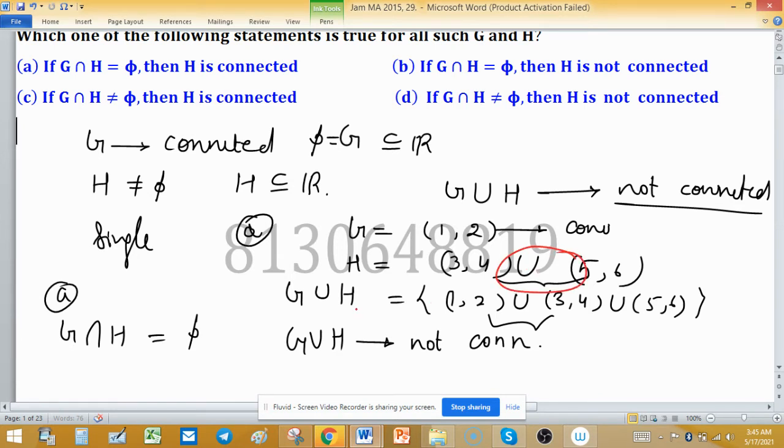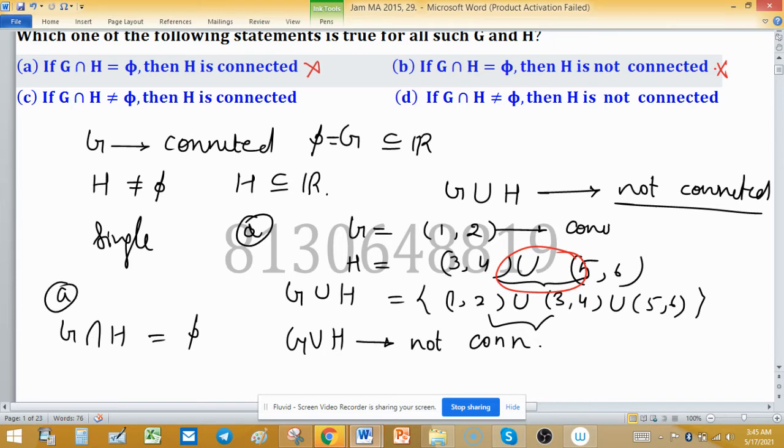So option A is discarded. Also, for option B, if the intersection is phi then H is not connected, so H is not connected here. Option A says H is connected, so that option is discarded.